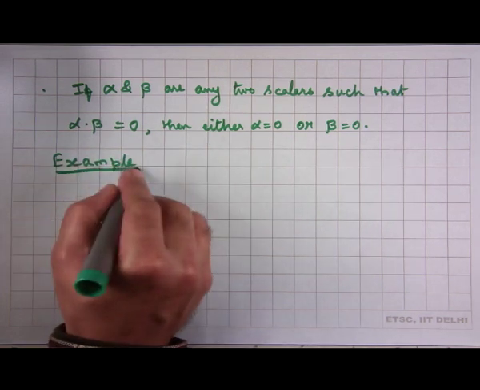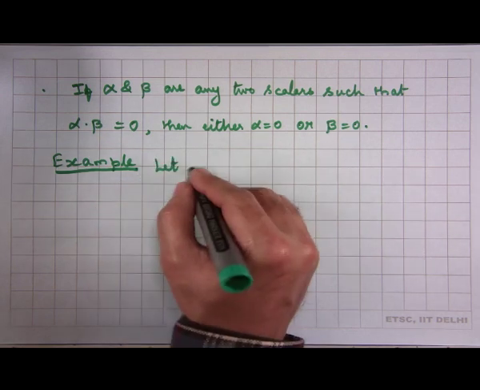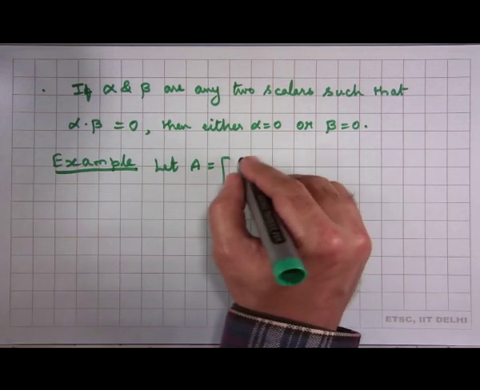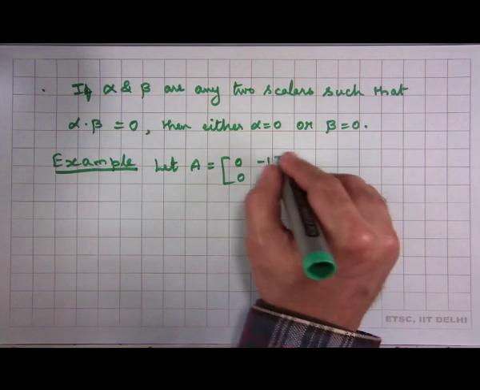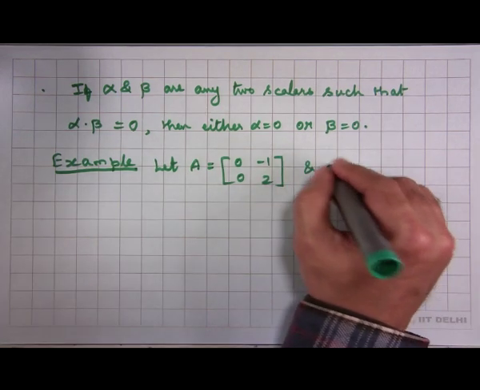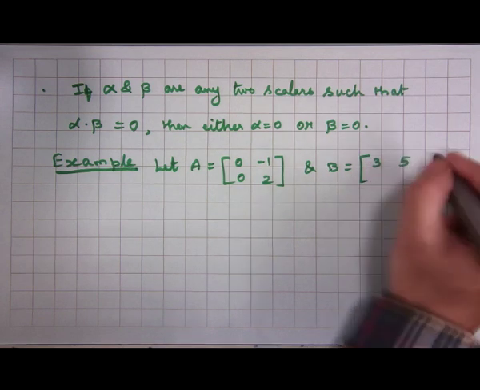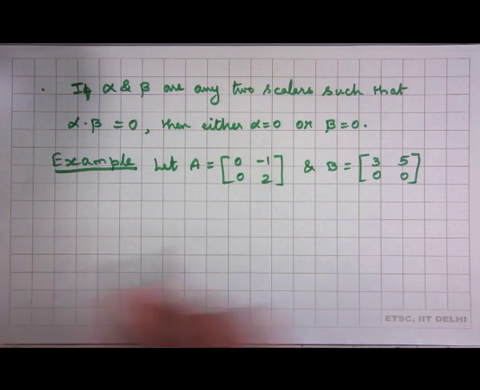where this fails. So, let A equal to 0, -1, 0, 2 and B, which is 3, 5, 0, 0, you have these two.